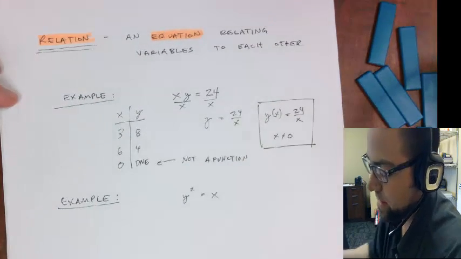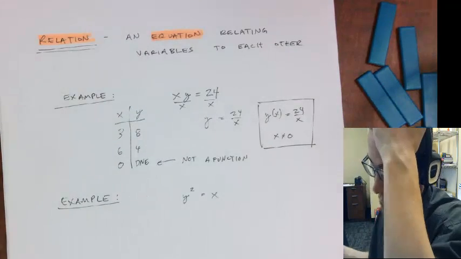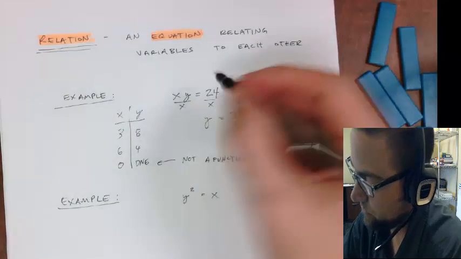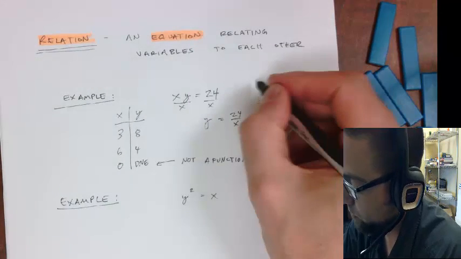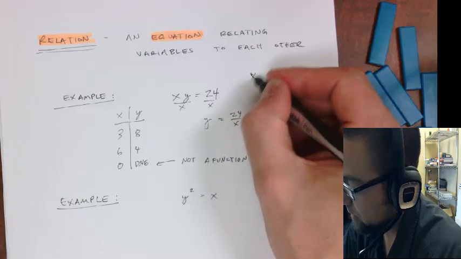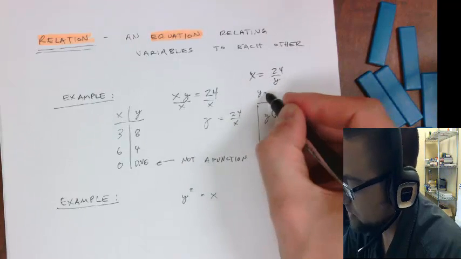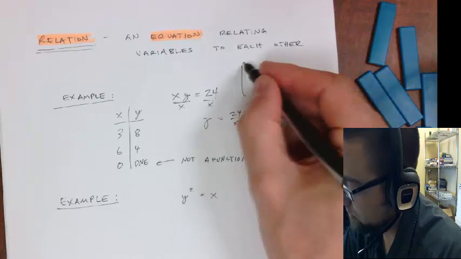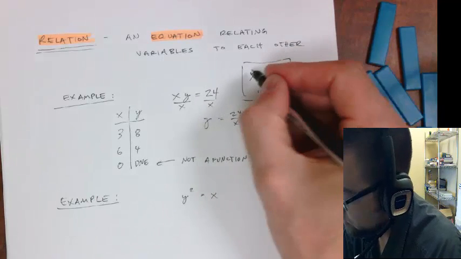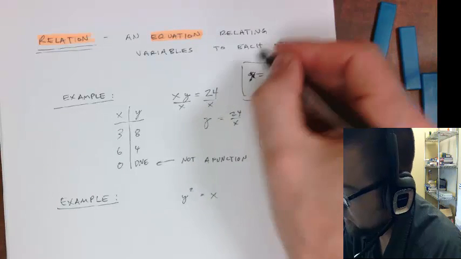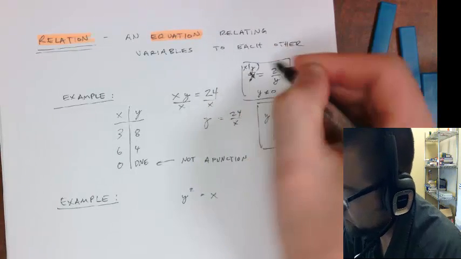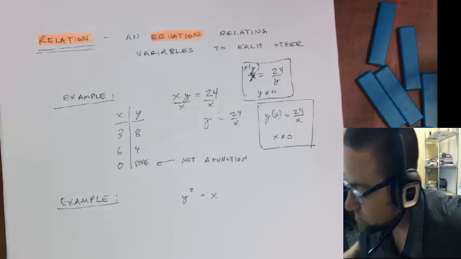And you could do x as a function of y, just reverse the variables. Divide both sides by y, and you get x is equal to 24 divided by y, so long as y does not equal 0. This would be another function, and I would write x of y to make it a function.